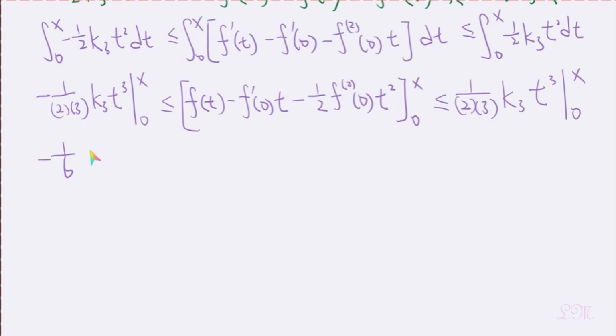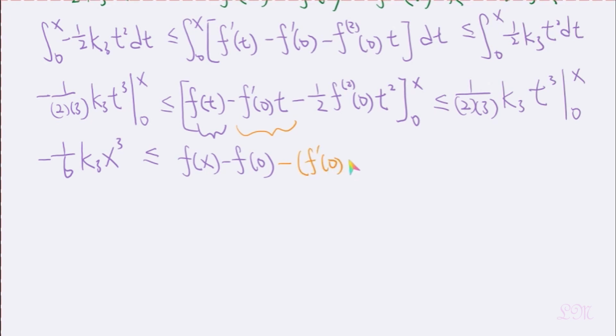One more time, plug in zeros, plug in x's, simplify. Again, this middle portion is a bit tricky, so f of t becomes f of x minus f of 0. F prime of 0 times t becomes f prime of 0 times x minus f prime of 0 times 0, which is pretty much just f prime of 0 times x.